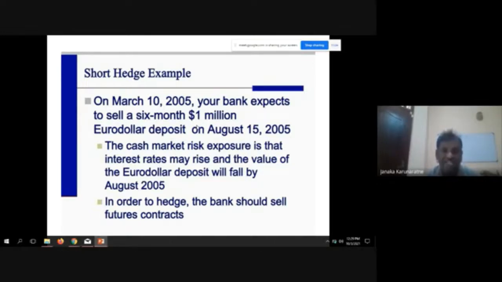Cash market exposure is that interest may rise and the value of the euro dollar deposit will fall. So when you want to sell, your risk is that the market interest rate will go up. Then you have to pay additional interest. So what you do? You sell futures contract. So that cash market loss is offset by the futures market.